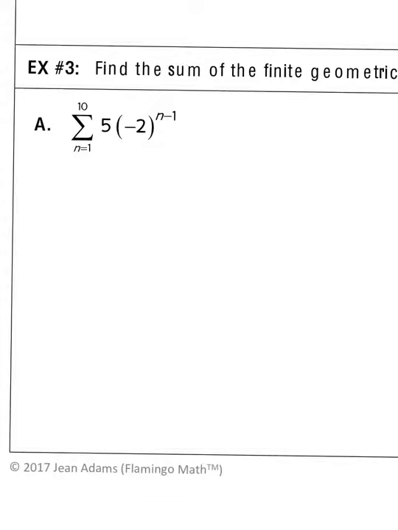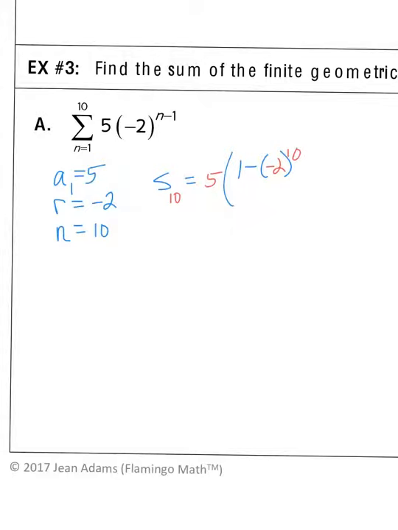All right, so because it's in our standard form, I know that a sub 1 is the 5. I know that the r is the negative 2, and I know that n is going to be 10. So s sub 10 is equal to 5 times 1 minus, and then in parentheses, negative 2 raised to the 10th, all divided by 1 minus negative 2.